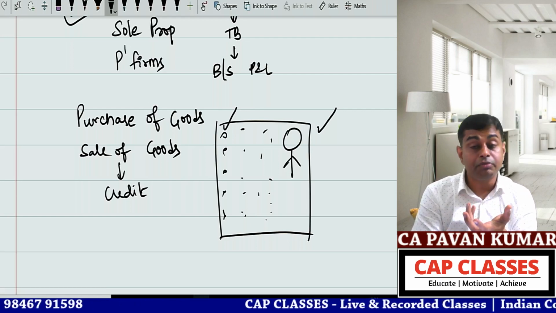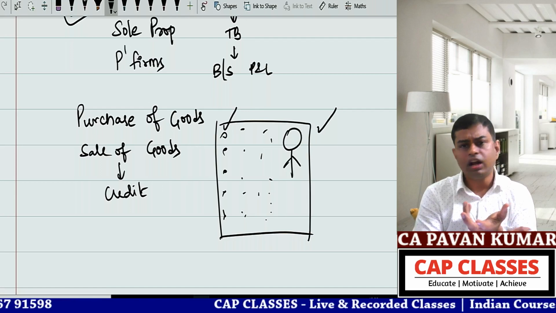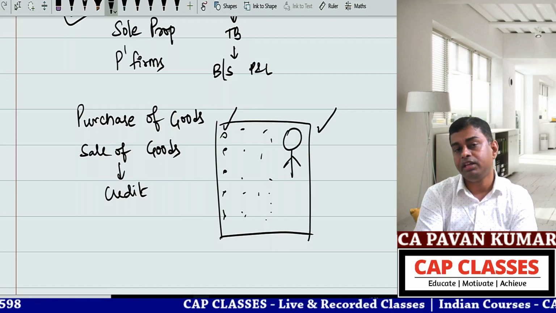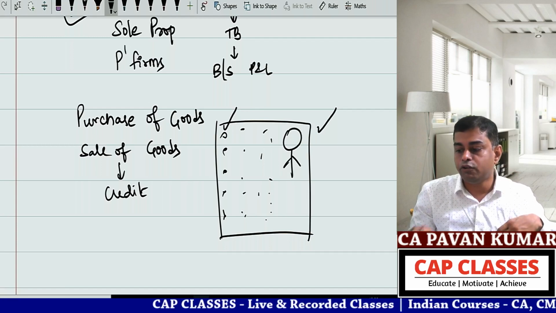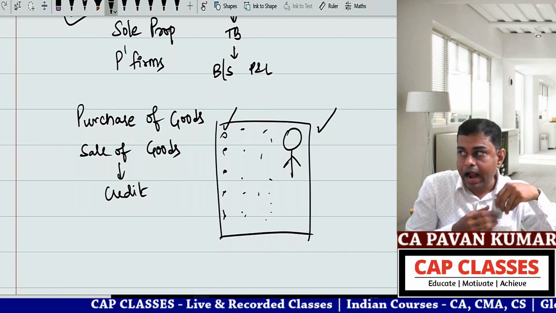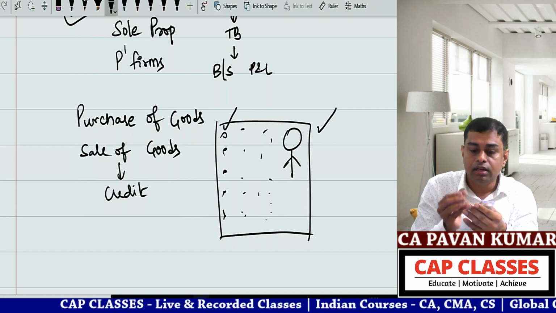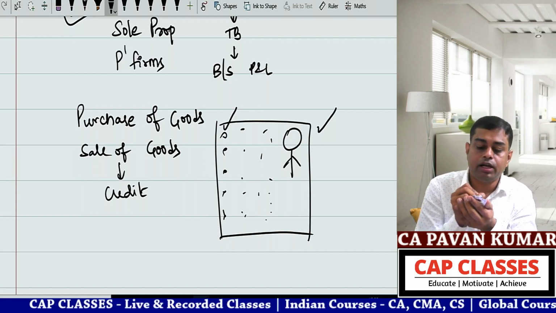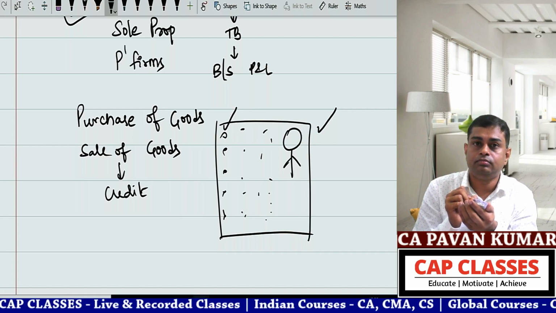If I am a regular and loyal customer, you are like, okay sir, no problem. Then what happens? You take one small book, which will be there in your pocket. You open it and write Pavan Kumar. Date.